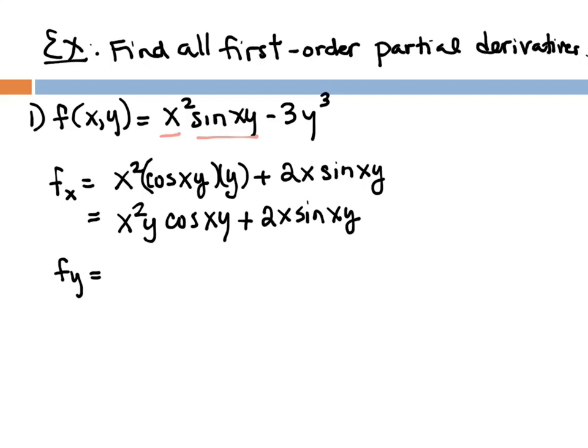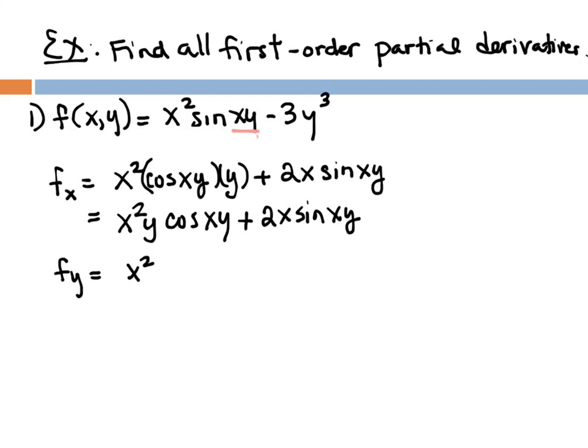Now going back up to our original function, there is a y right here in the inside of this, which means everything else is constant, right? The x squared at the beginning is a constant. It's just like having a number at the beginning. So I do not have a product rule on this problem for y because x squared sine xy only has one y there, which means the x squared stays put because it's constant, it's a number.